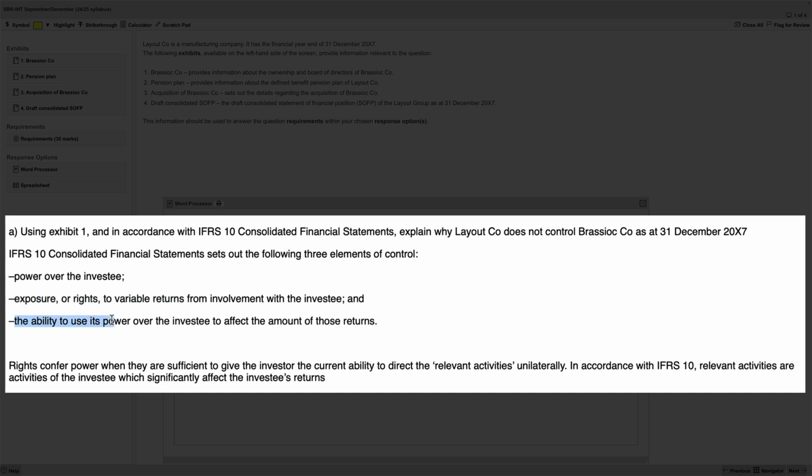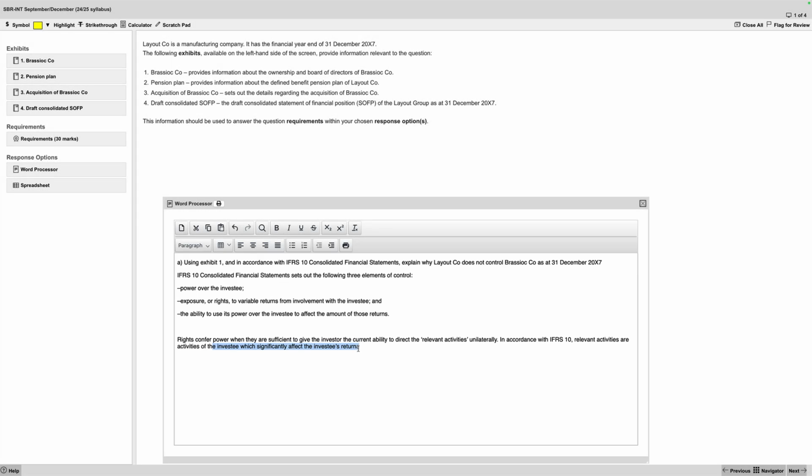The ability to use the power to affect those returns, yeah, we got that. And it says rights confer power when they are sufficient to give the investor the current ability to direct the relevant activities unilaterally, yeah, we got that. And relevant activities are those which affect significantly the investee's returns. You don't have to get that perfectly, as long as you can write out power, exposure, ability in your own words, you're going to get the marks for it.